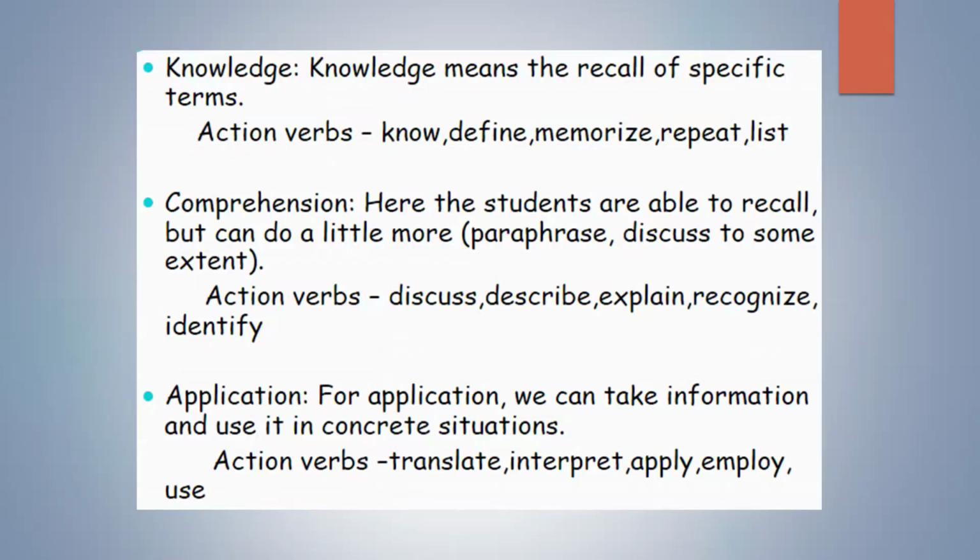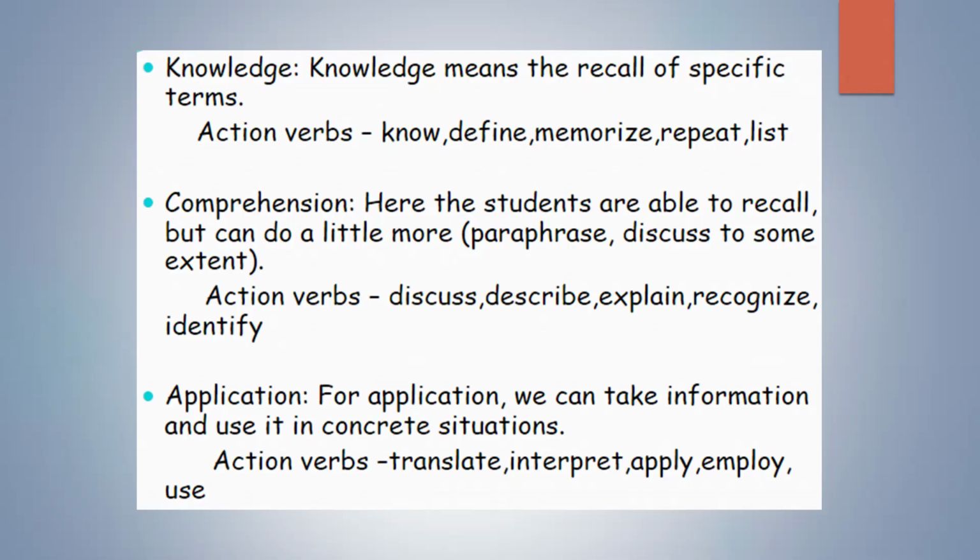So you can see here also we have some action verbs for each level of cognitive domain. So for knowledge, or you can say remember, we have know, define, memorize, repeat, and list. For comprehension, we have discuss, describe, explain, recognize, and identify.